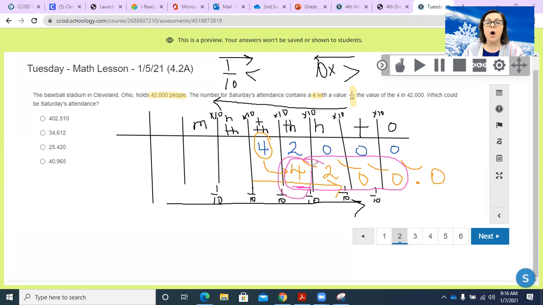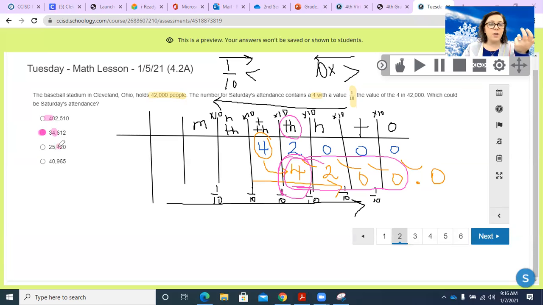But really, all we're looking for is a number that has the digit 4 in the thousands place. So I'm going to come to my answer choices and look at each one. Here, the 4 is in the hundred thousands place, so that one cannot be my answer. Here, the 4 is in the thousands place, so that one is most likely going to be my answer.